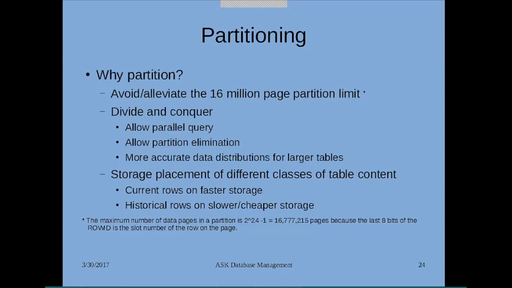And it may sometimes report an out-of-space error even if there are 1 or 2 slots on various pages here and there. The engine does track that, but sometimes it doesn't notice if there are a small number of slots available. So once you're getting close to the 16 million page limit, you may have to either partition the table or move it to a wider page so you have fewer pages in it, right? Move it to a different DB space.